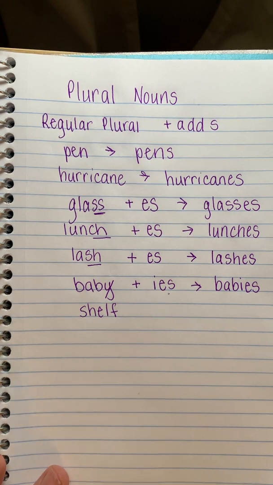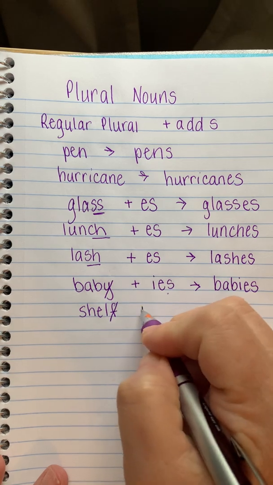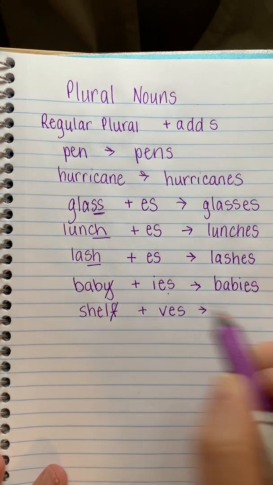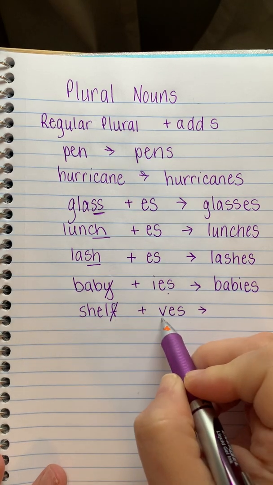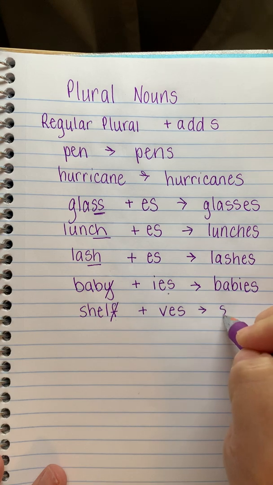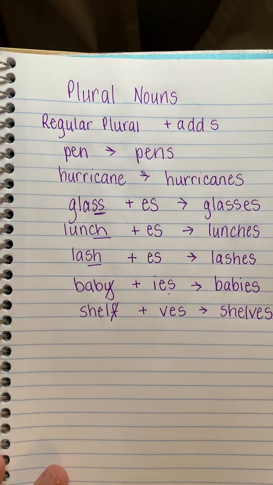So what we do is we take the F off and we add V-E-S. So if it ends in an F, it gets replaced with a V, and it becomes shelves. ES, like this. Okay? So those are all the spelling changes.